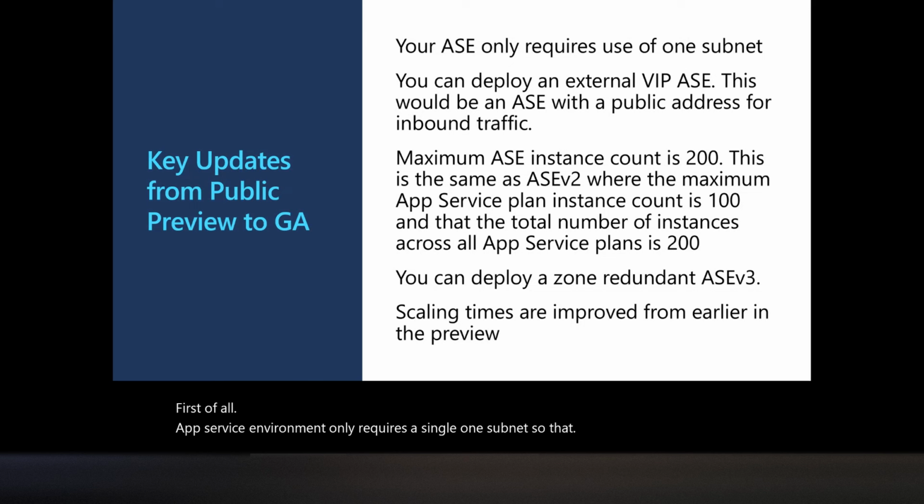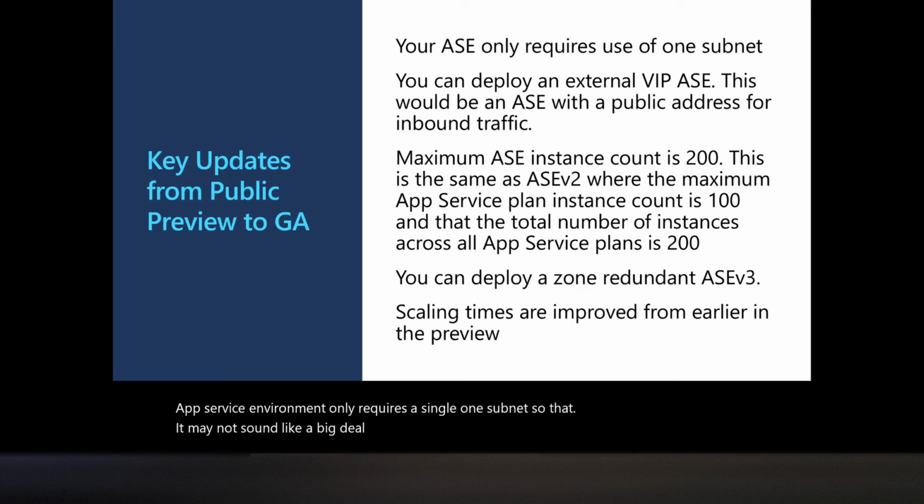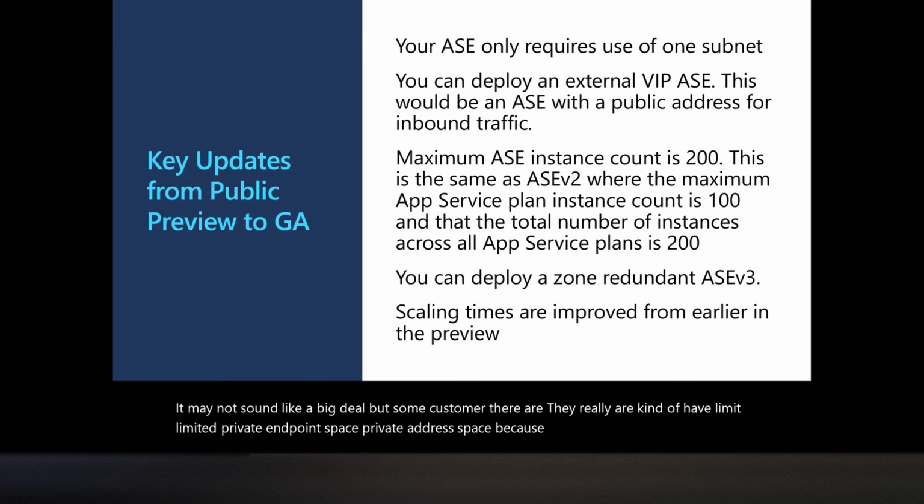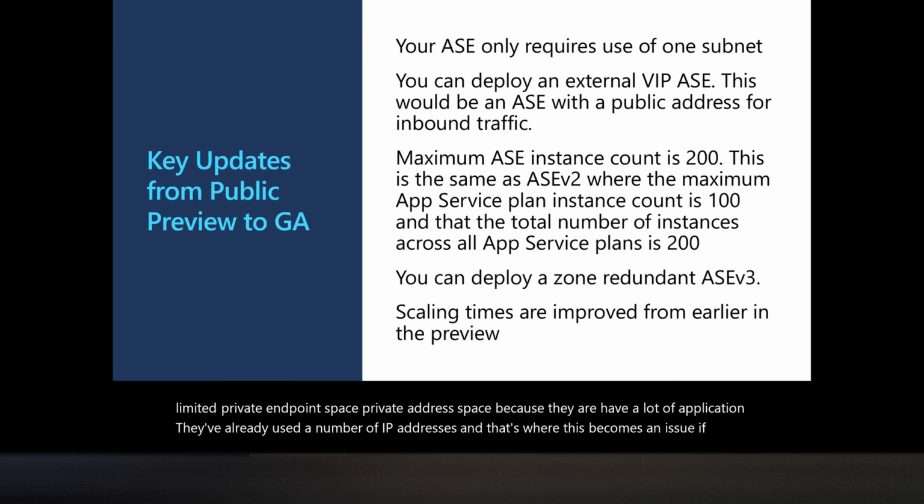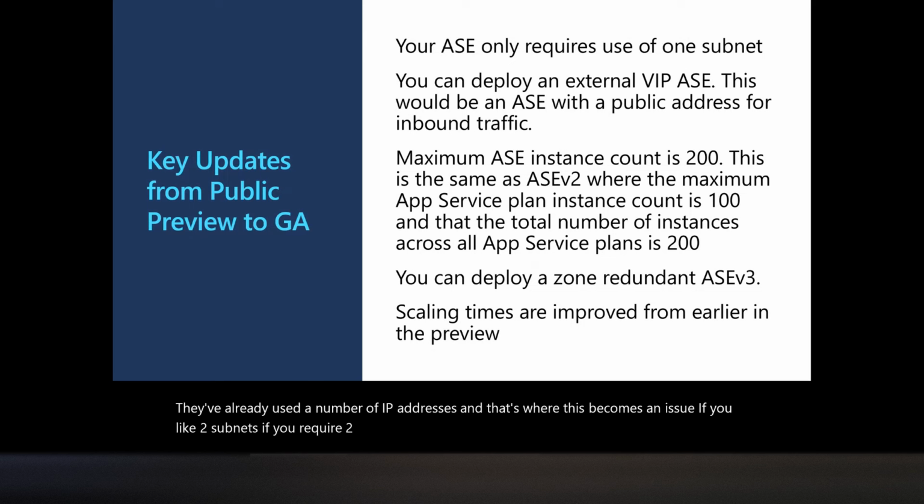It may not sound like a big deal, but some customers have limited private address space because they have a lot of applications. They have already used a number of IP addresses, and that's where this becomes an issue. If you require two subnets for App Service Environment, that becomes an issue for them. So this will help in that scenario as well.